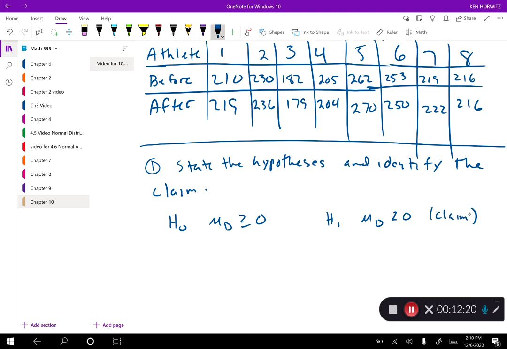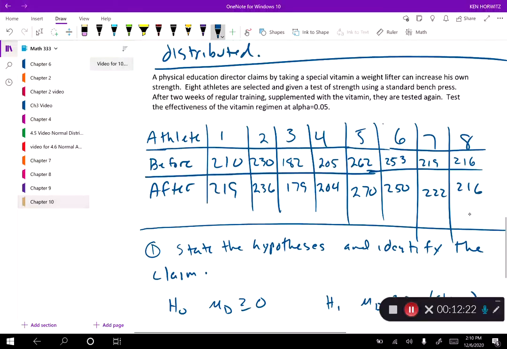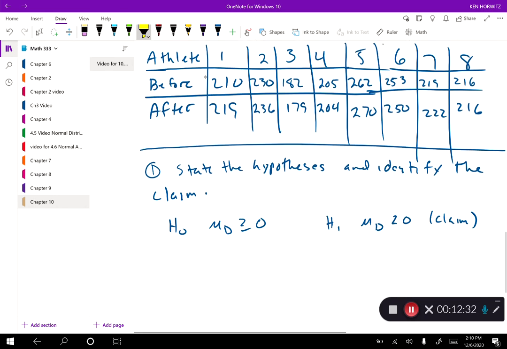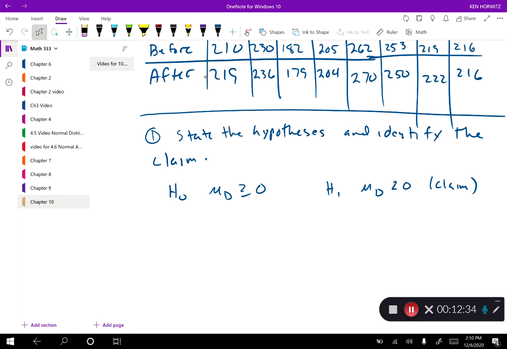Now, if we go back to the problem for just a second, we see it says the physical education director claims by taking a special vitamin, it can increase his own strength. Yet my alternative hypothesis is that the difference in my means is less than 0. I'm going to make a better less than sign than that. There we go.